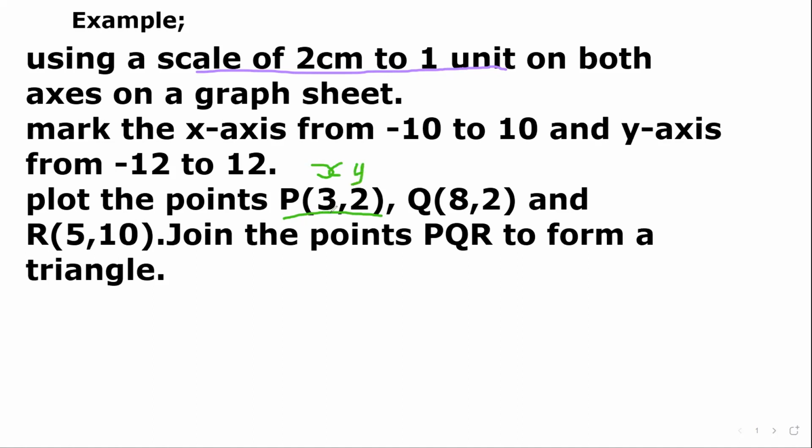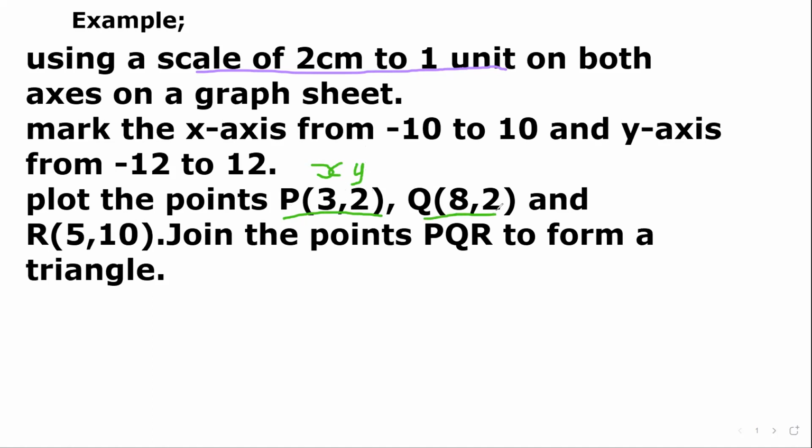We said always the first number belongs to the x coordinate, and all the x coordinates can be found on the x-axis. The second number belongs to the y coordinate, and all the y coordinates can also be found on the y-axis. So the point P here is formed by 3 and 2. The intersection of the 3 and 2 lines will give you point P.